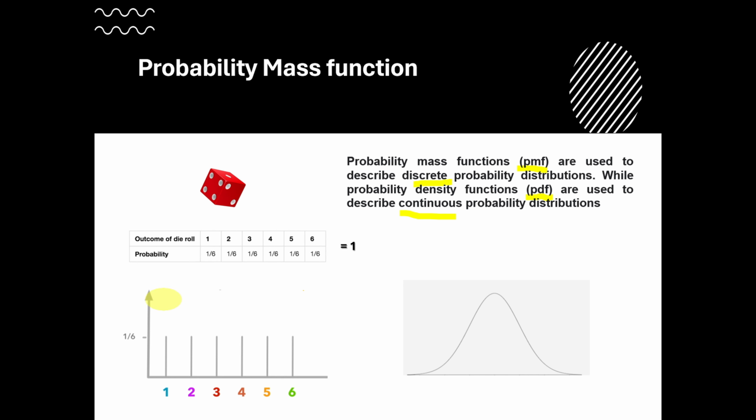Now let's dig into more. For example, you have the probability for each outcome if you roll a dice. So these are the numbers: 1, 2, 3, 4, 5, 6. These are the dice numbers. What's the probability of 1? It is 1 divided by 6. What's the probability of 2? 1 divided by 6. What's the probability of 5? 1 divided by 6.